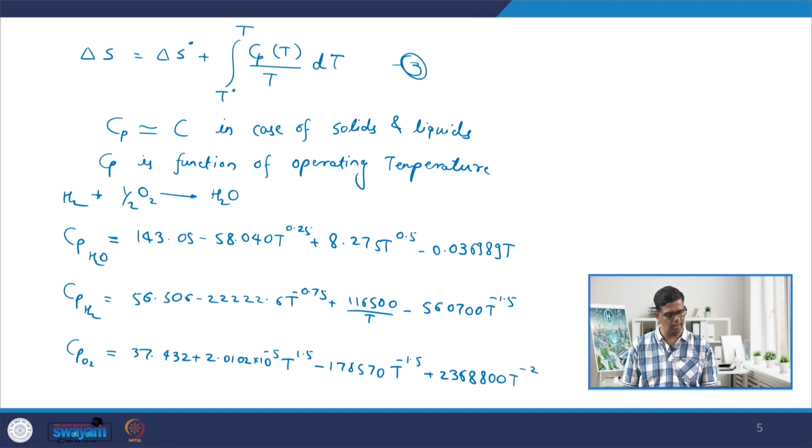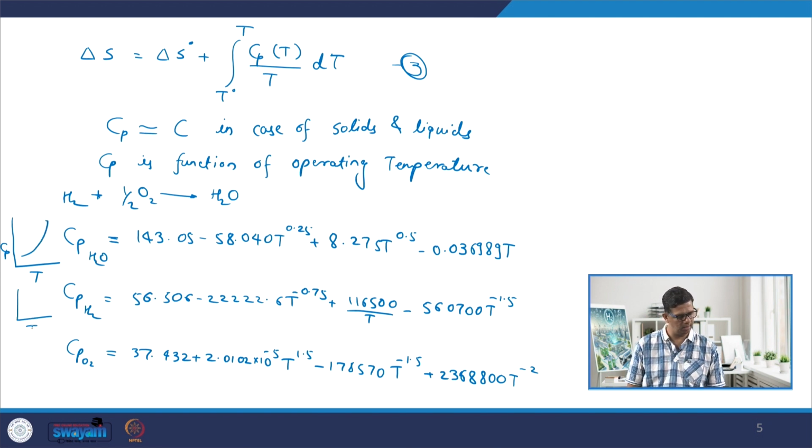As you can see, almost every number has some function of T there. And how does it vary if I try to plot it with respect to temperature? This is Cp of water, so it slightly increases like this, and if I plot in terms of temperature for hydrogen, it increases and then merely becomes constant.